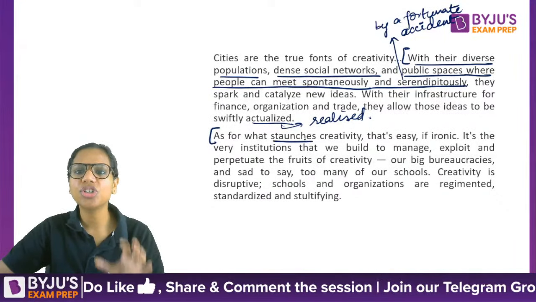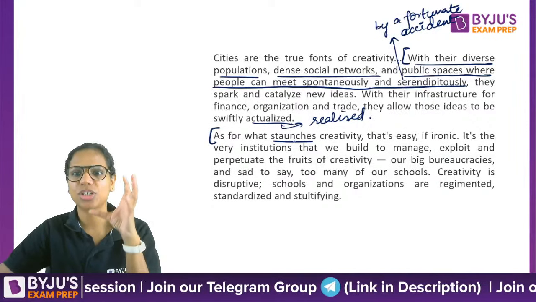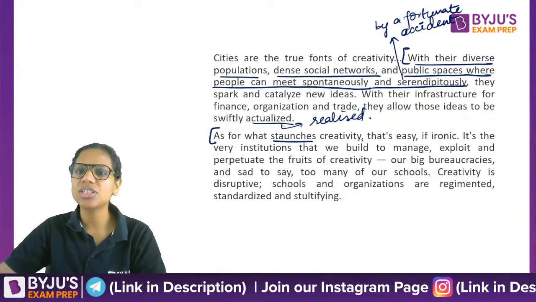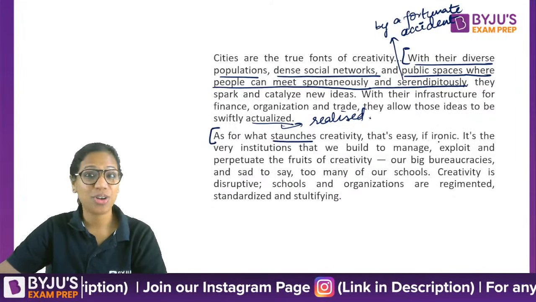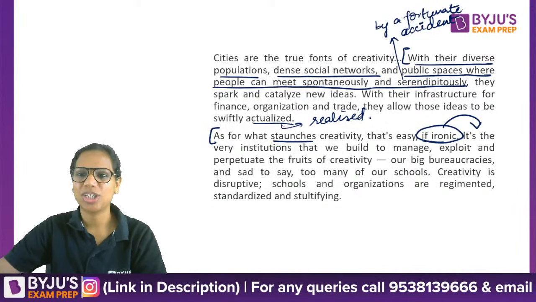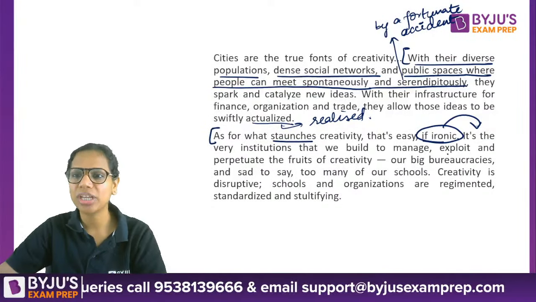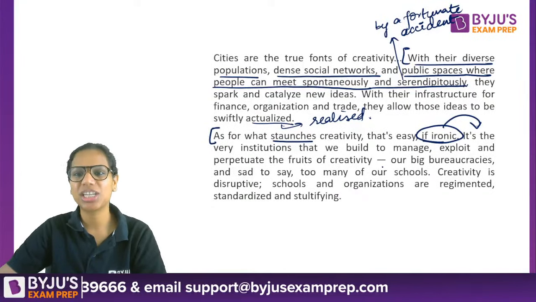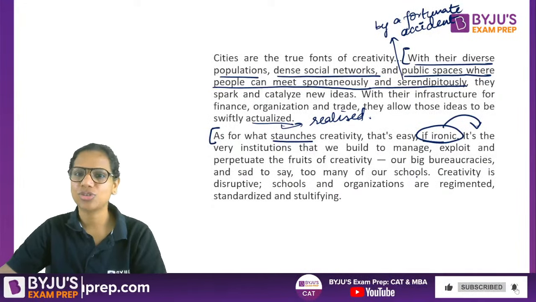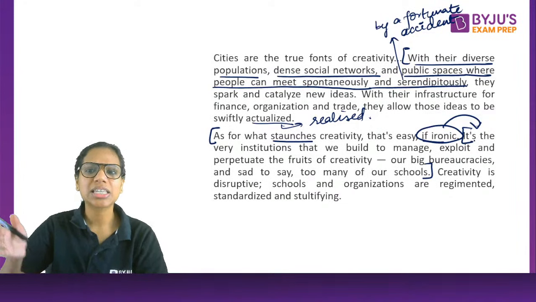As for what staunches creativity, what is stifling it, what is preventing it from happening, that's easy, if ironic. So the author finds this to be ironic. It's the very institutions that we build to manage, exploit, and perpetuate the fruits of creativity. Our big bureaucracies, and sad to say, too many of our schools. So this is what the author finds ironic.